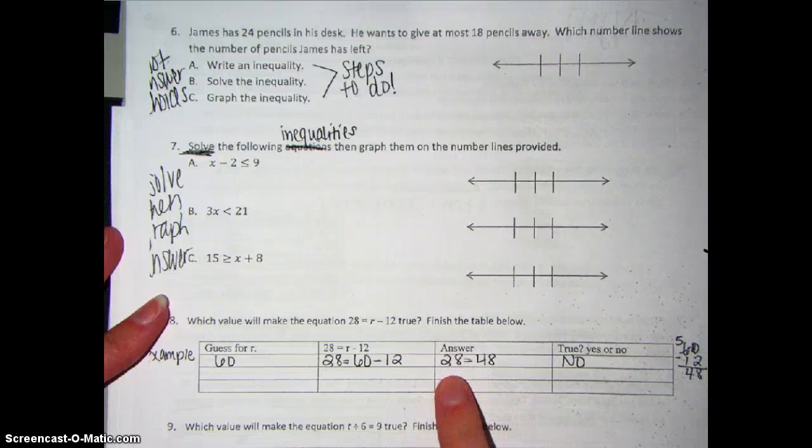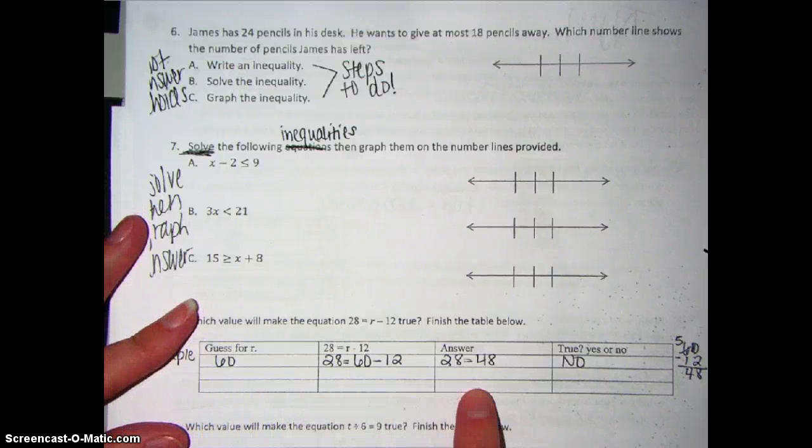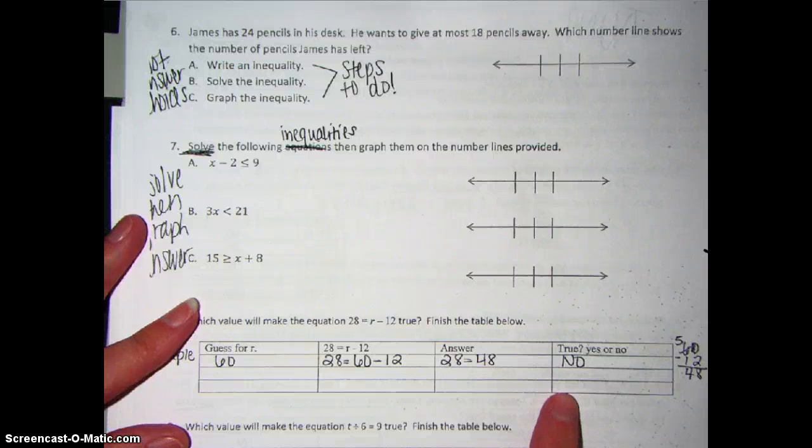Is 48 equal to 28? No. So is that true? No. So you're going to guess 2 more times to figure out which number. Use what you remember about math and about solving equations to help you, and figure out which one is the correct answer for r.